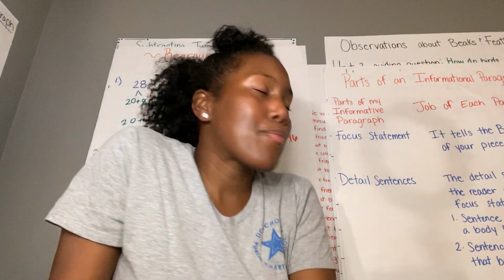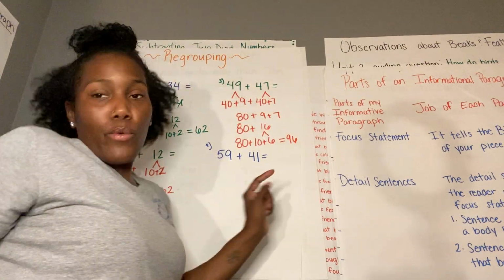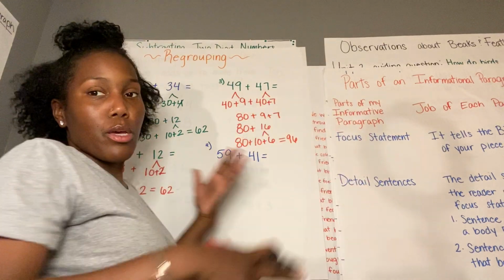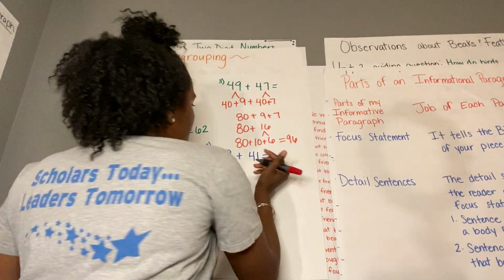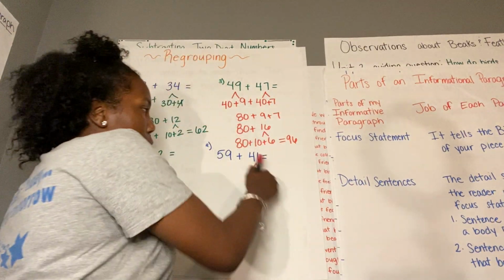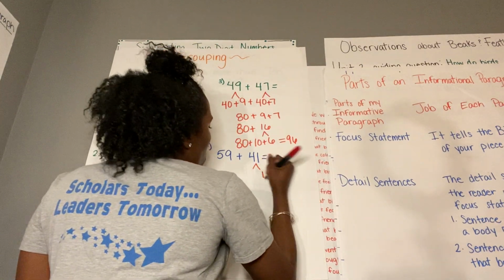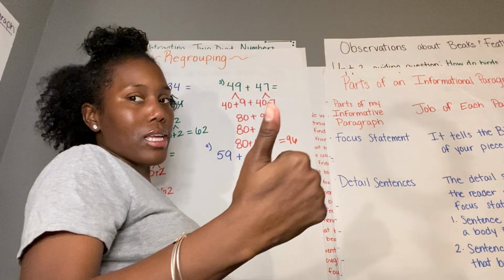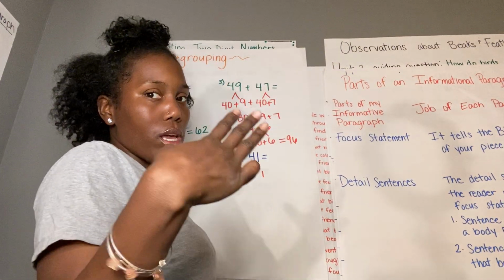The next problem is 59 plus 41. So we're going to break it down again to tens and ones for each number. Let's start over here. 41. I've got 1 one, and 4 groups of tens. 10, 20, 30, 40.